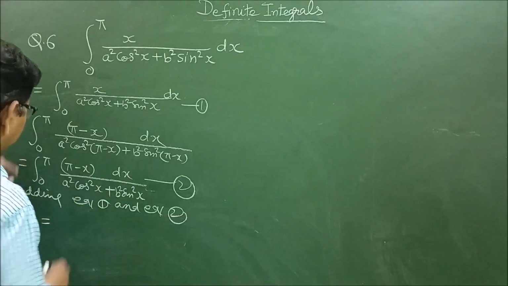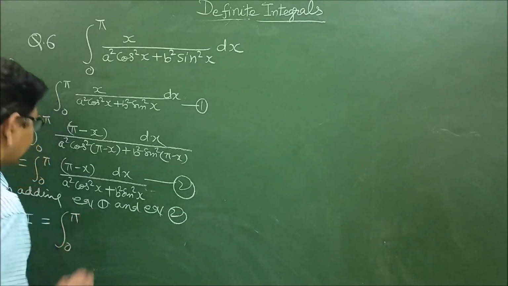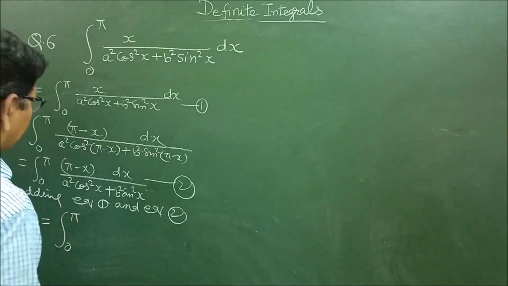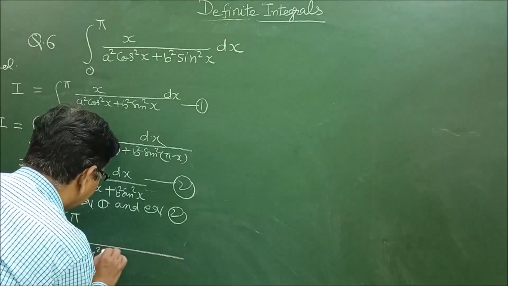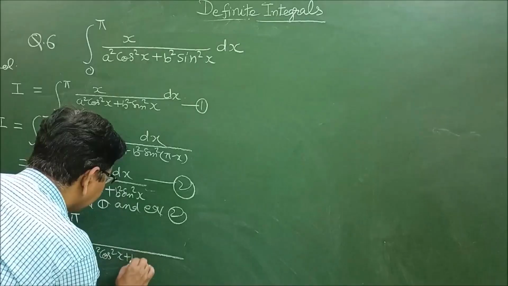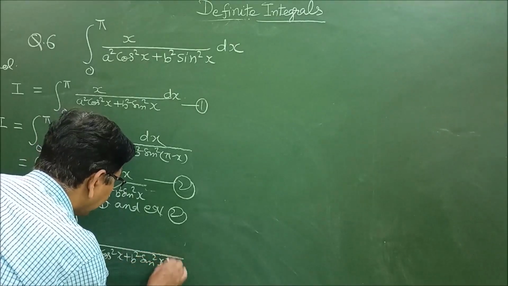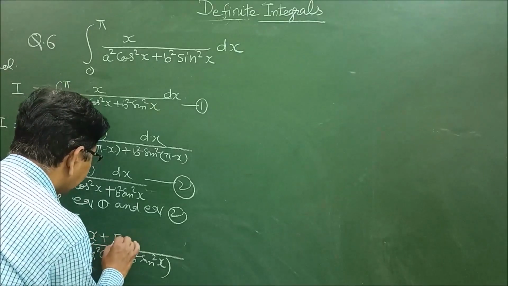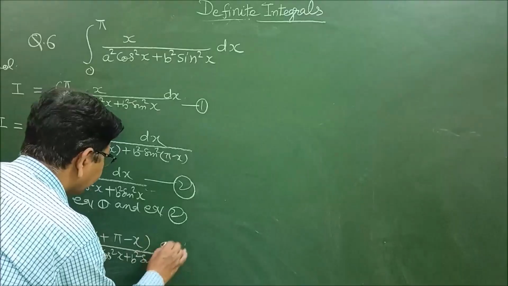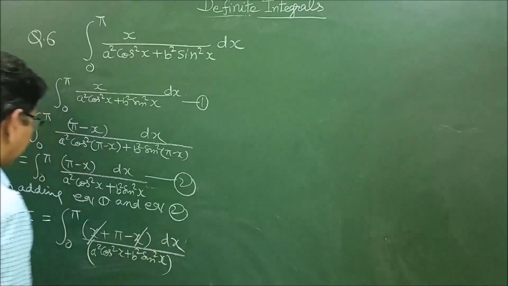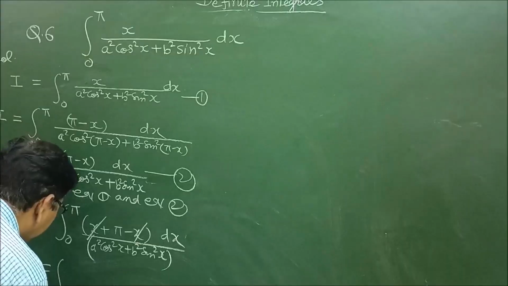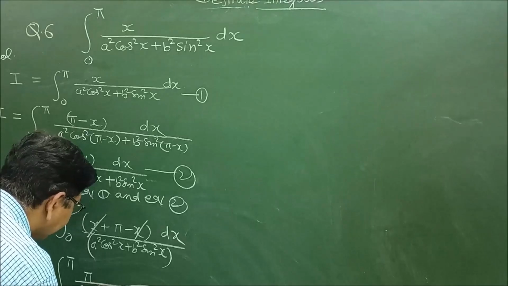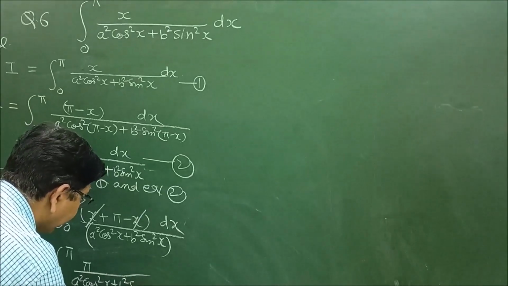In the right hand side, from 0 to pi, the denominator is the same in both equations, so taking it as the LCM, a square cos square x plus b square sin square x, in the numerator we have x plus pi minus x, that is pi. Now x and x cancel, so this is equal to the integral from 0 to pi of pi upon a square cos square x plus b square sin square x dx.